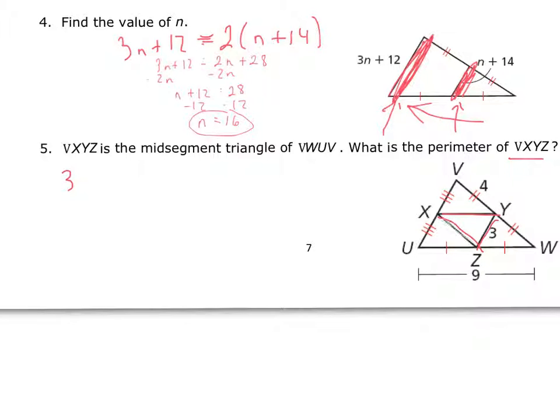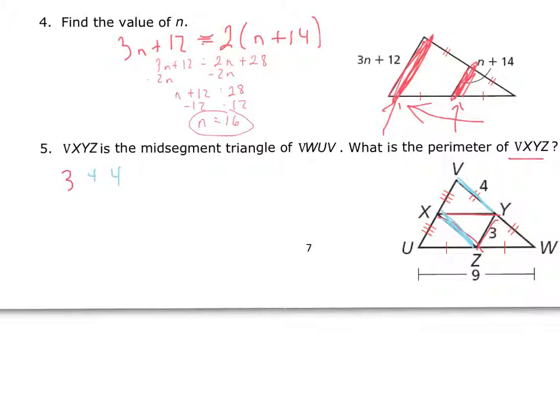Okay, so let's find the length of this. Well, we can see that these two are parallel, and since they are the same length, we can go ahead and determine that XZ is a length of 4. Since VY is 4, XZ is also 4.